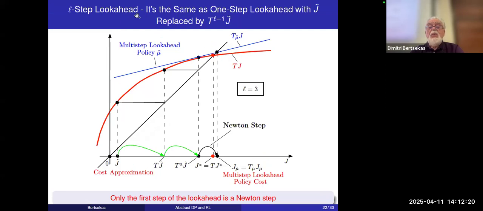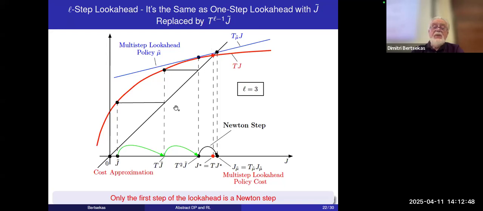So let's look at L-step look-ahead. Now there's an important point to notice here, that L-step look-ahead is not really much different than one-step look-ahead. It's just one-step look-ahead with a different J tilde. J tilde is replaced by J tilde after it's operated on with T, L minus 1 times. So you start with J tilde, apply L minus 1 value iterations, and then apply the Newton step.